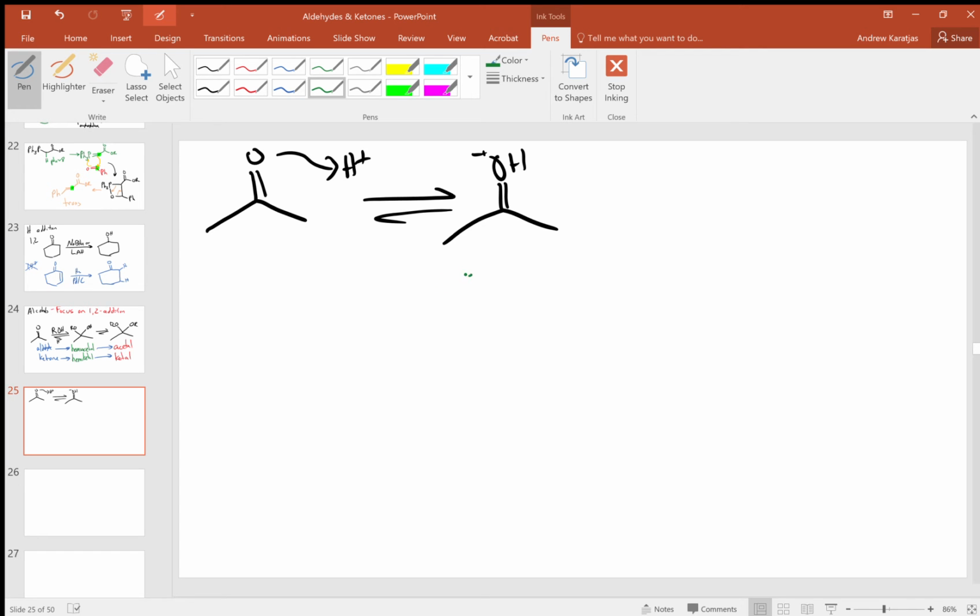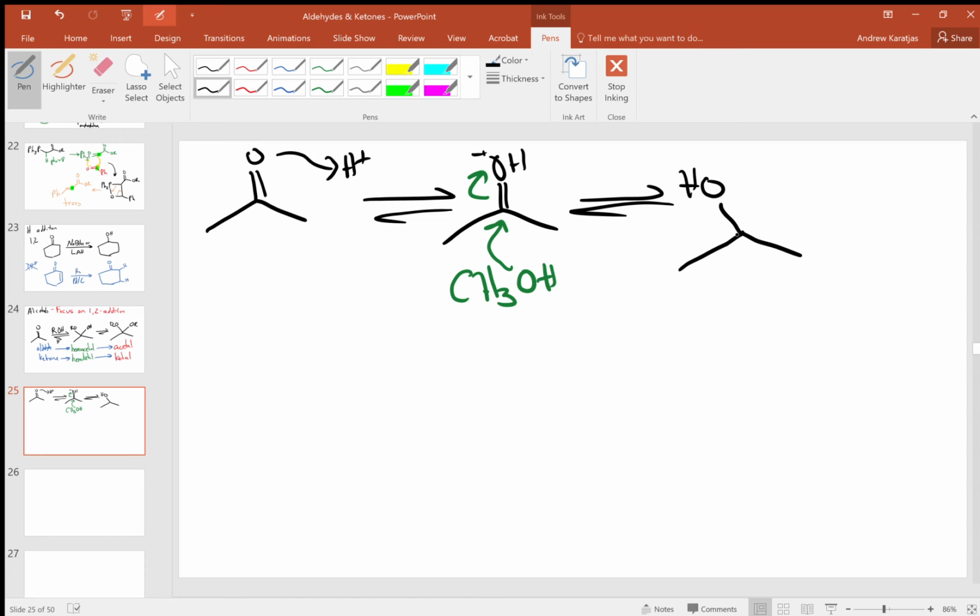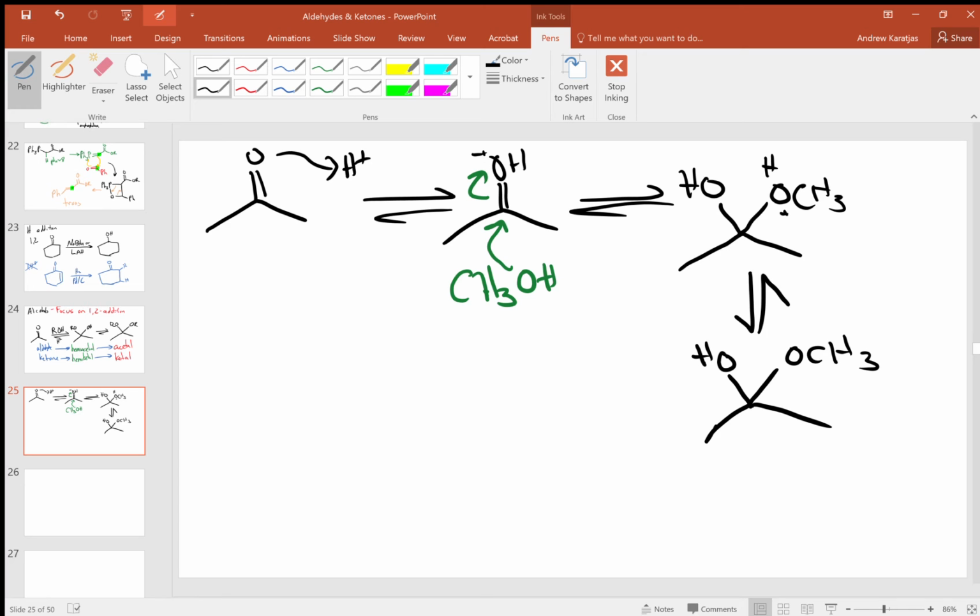And so now that we've done that, our alcohol, which we'll use methanol in this case, adds in, and we push the electrons up onto the oxygen. From here, we lose a hydrogen, and that gives us our hemiacetal, or in this case, because I started with a ketone, this would be our hemiketal.